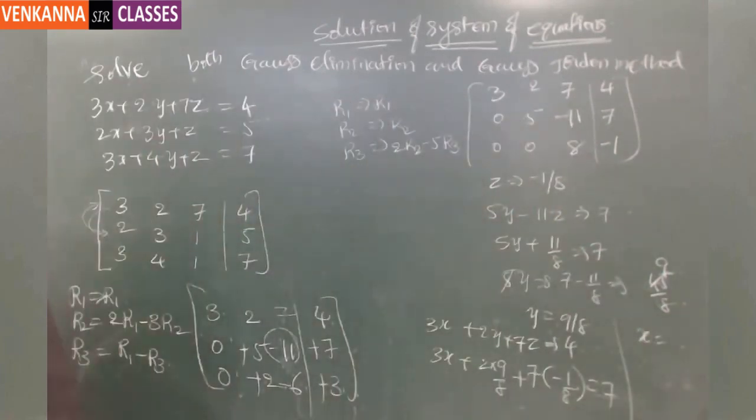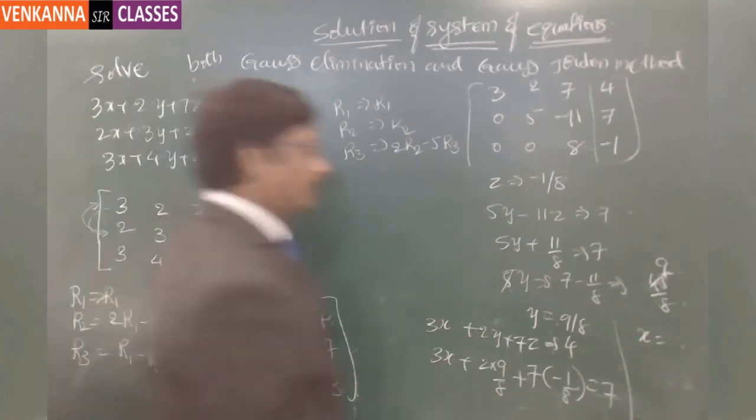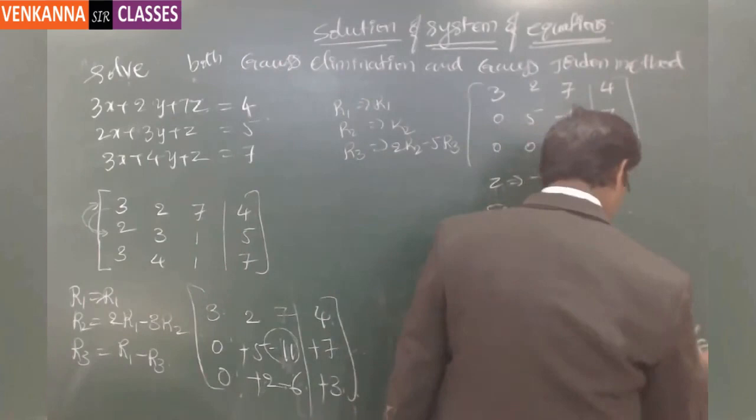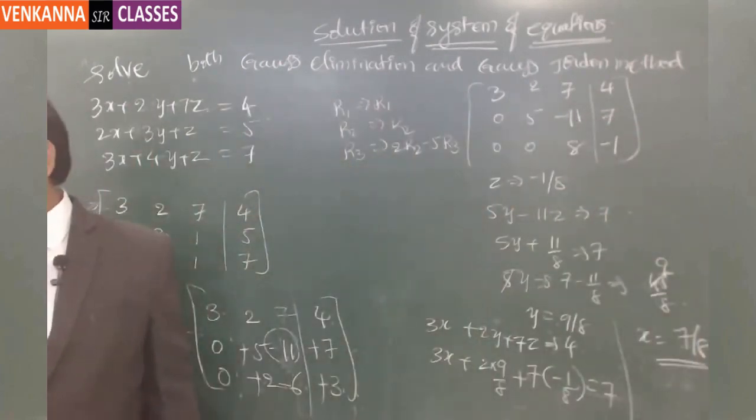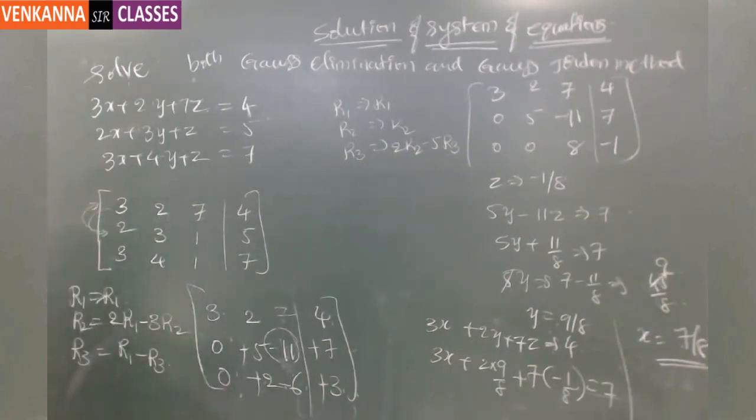It should be 9 by 8 is correct, and this is 7 by 8. Yeah. So this is the answer. Akhil, you can check it. So z and y are correct, and x should be equal to 7 by 8.